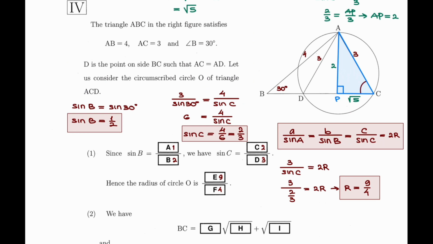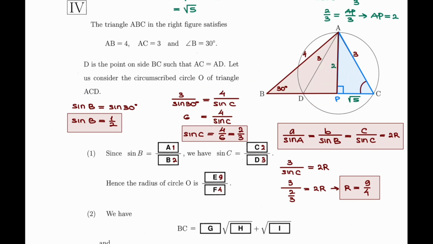And then, if you see from this triangle BPA, I think I will draw with another color for triangle BPA. From triangle BPA you can find BP.